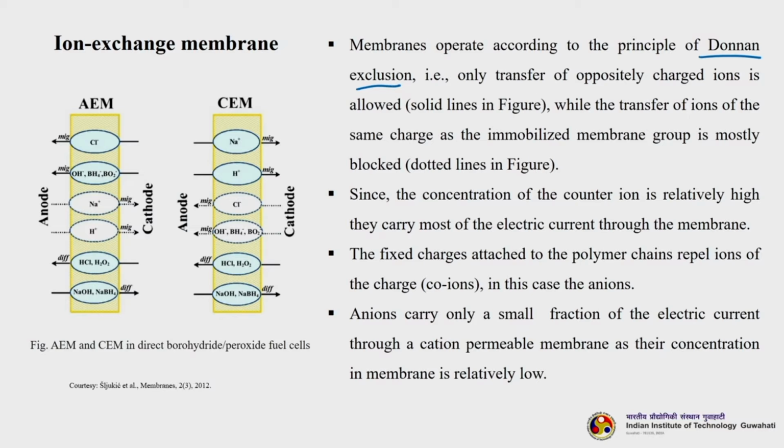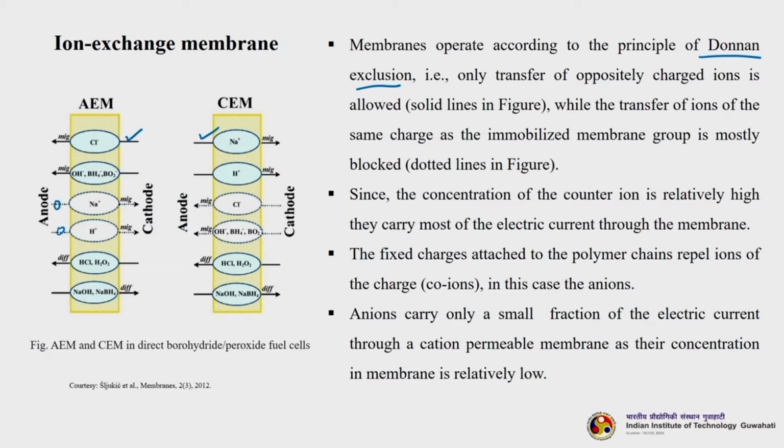In the first figure, the solid lines represent the migration of oppositely charged ions through the membrane, while the transfer of ions with the same charge as the immobilized membrane groups, such as sodium and potassium here, is mostly blocked.